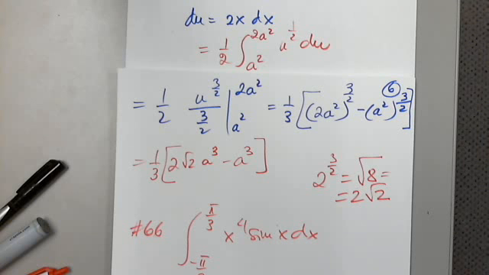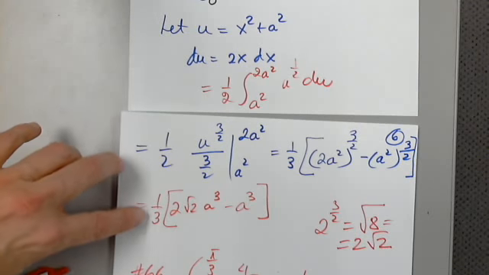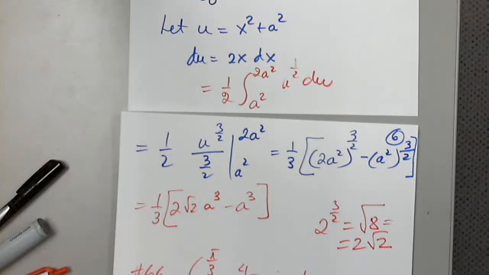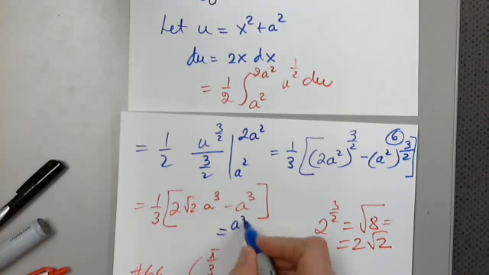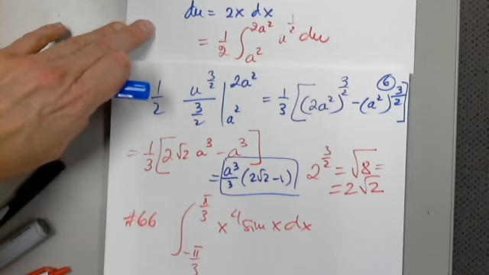Yes, please. It's acceptable to leave the coefficient outside and not distribute. Yes, or if you would like, you can write it like a cubed over 3 times the square root of 2 minus 1. Either one. I'm fine. There is nothing you can really do here.